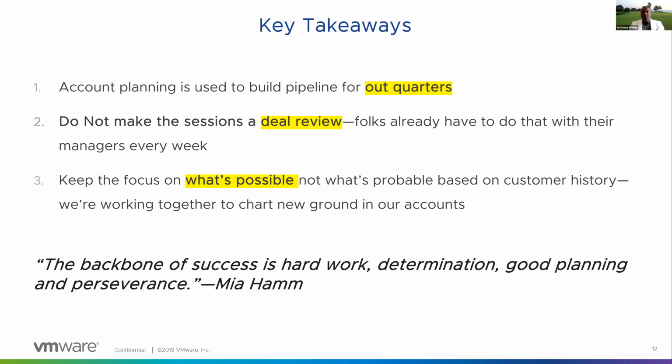We're working to chart new ground in our accounts. Too often we say we want to do $12 million in revenue in this account, but because they've only always bought about $500,000 at a time, we fall back to what's probable. No. The purpose of these account planning sessions, if you're going to take the time to bring everybody together remotely, is to talk about what's possible, and develop the action plans to make it happen.